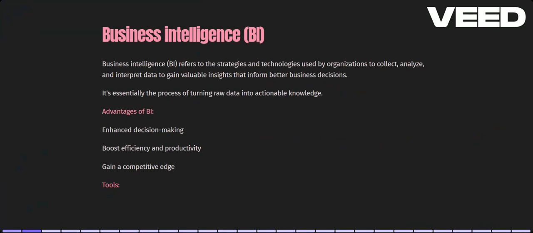So BI is business intelligence, that is nothing but the strategies and technologies used by an organization to collect, analyze and interpret the data to gain valuable insights, and that informs better business decisions.